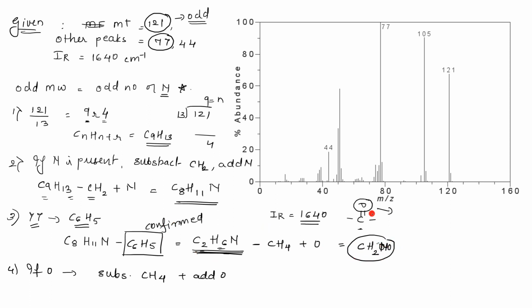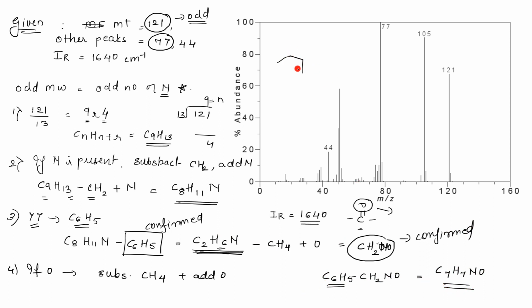Now this is final; you cannot go beyond this. Now just combine the two: C6H5 and CH2NO equals C7H7NO.